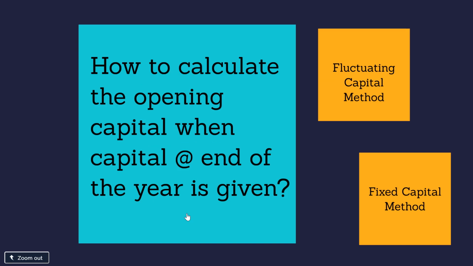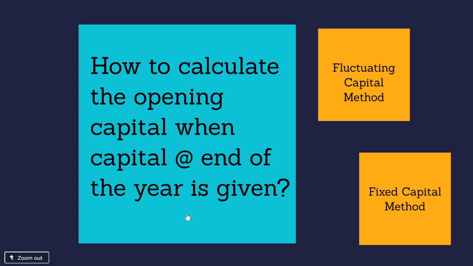Now, when we learned how to calculate the interest on capital, we also learned that the rate of interest on capital has to be applied on the opening capital. But sometimes the closing capital information will be given in the question. Then in such a case, we need to learn how to calculate the opening capital when the capital at the end of the year is given.